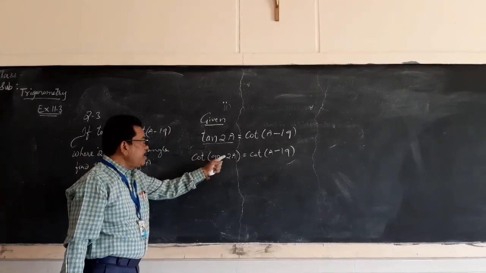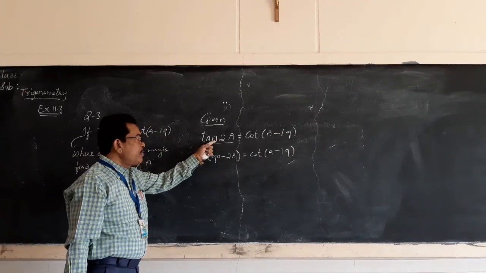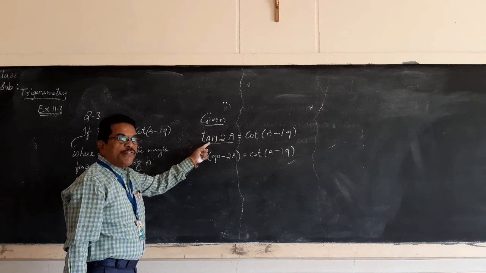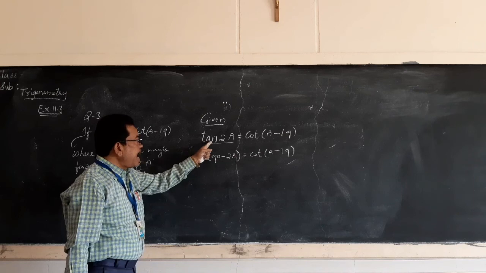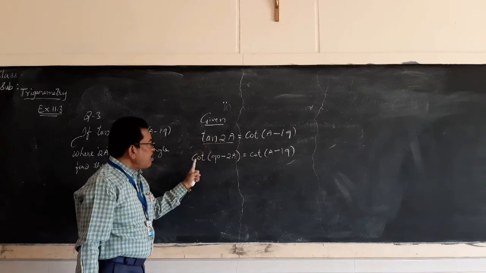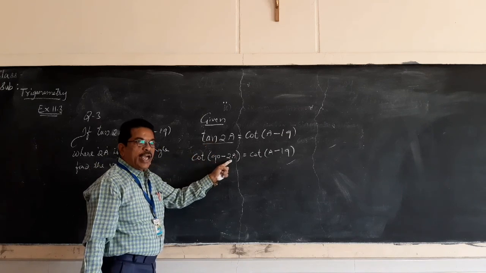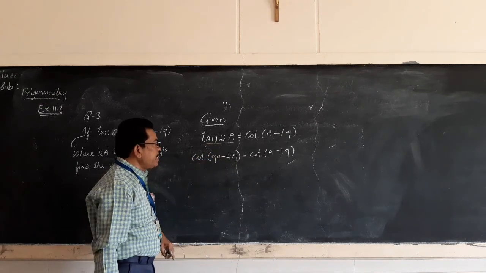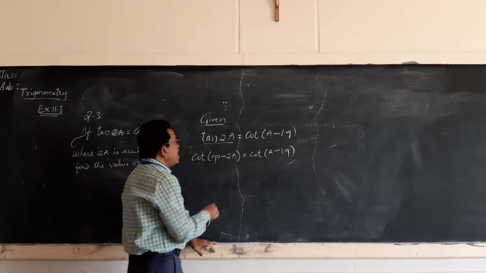See, cot of 90 minus 2a is tan 2a. So that is the trigonometric ratios of complementary angles. Tan 2a can be written as cot of 90 minus 2a, which will become tan 2a. Here, cot of a minus 19.